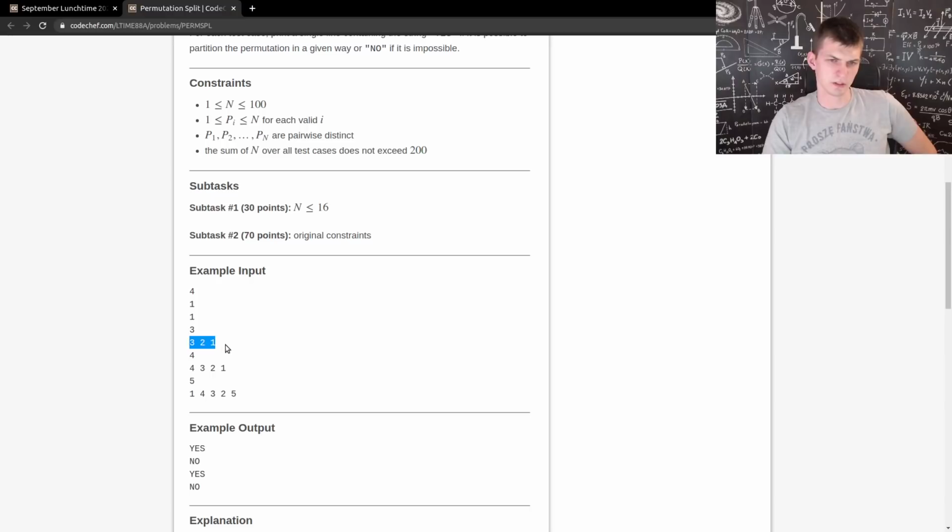Right now there are 3 inversions, and after a split it will be 1 and 2. No, 1 and 0.